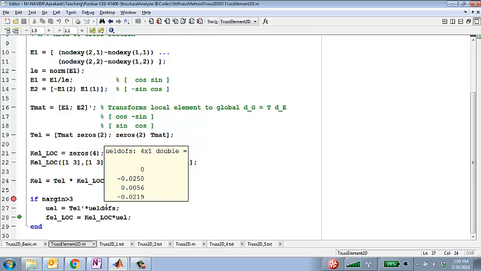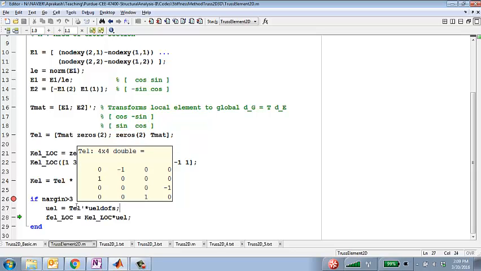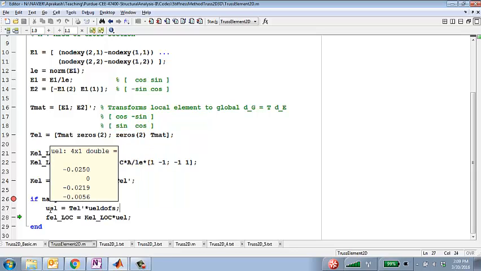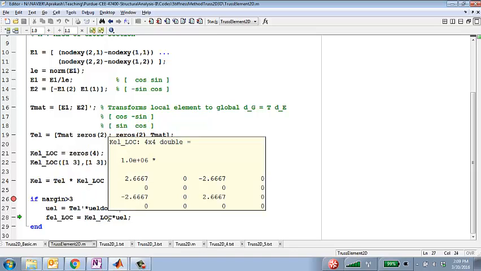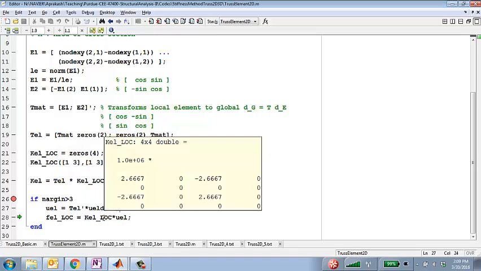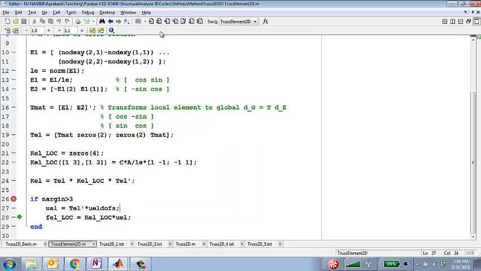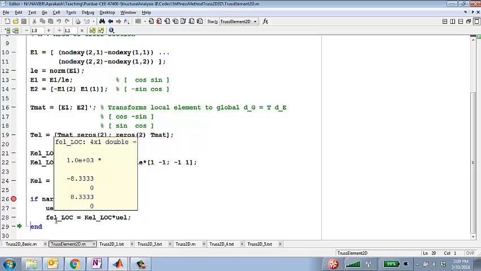This 4 cross 1 represents the global displacements. And this is the transformation matrix that gets converted to local displacements, and using those local displacements times the force element relationship in the local coordinates, we can calculate forces. And local forces will always have this structure, minus Fm plus Fm, right?